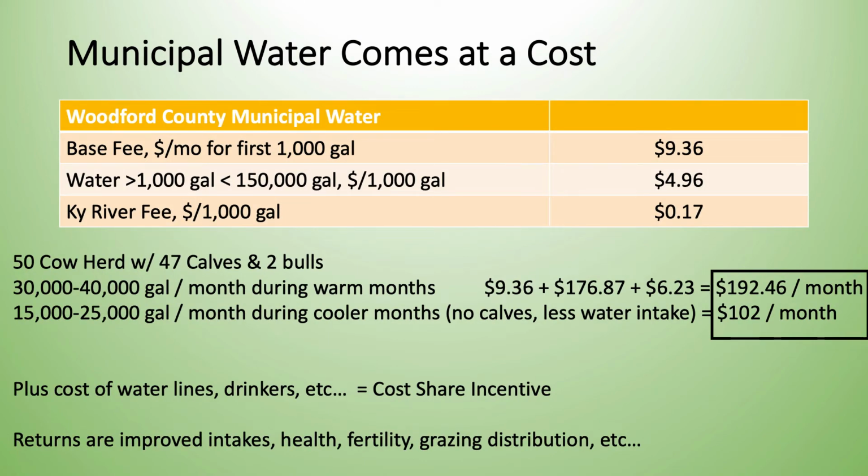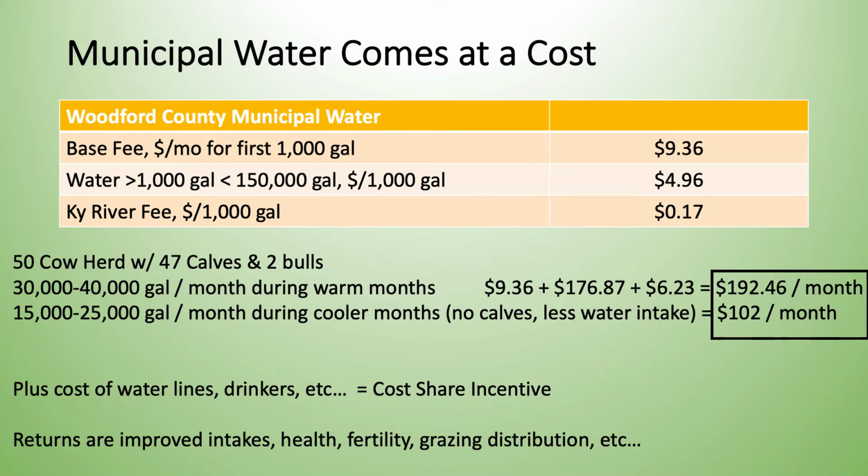Other things to think about, right? We talked a lot about utilizing, fencing cattle out of ponds, and we can still utilize ponds and springs as our water source. If you're running on municipal water, recognize that that's coming at a cost. And so these are some rates from here in Woodford County.